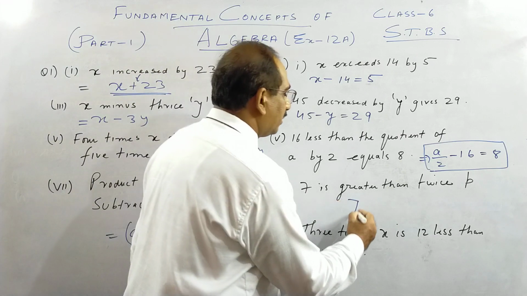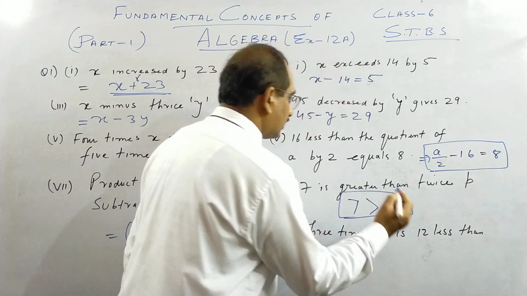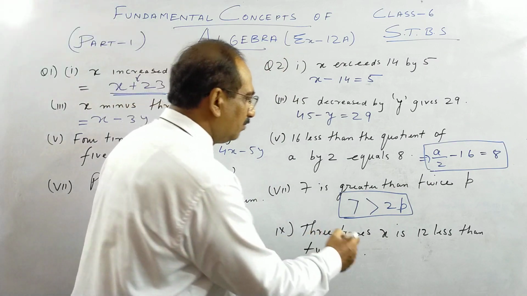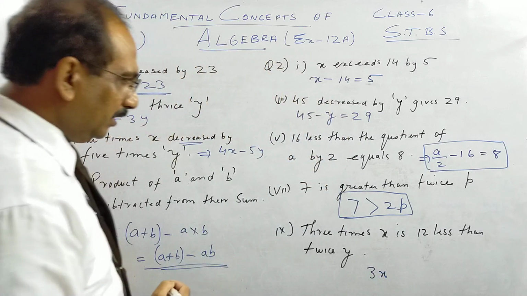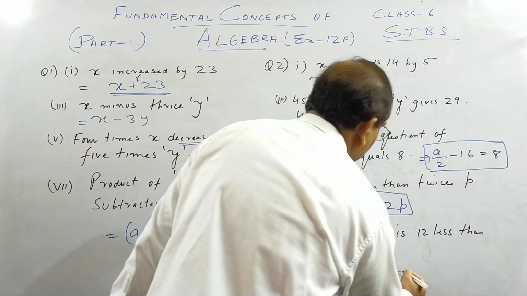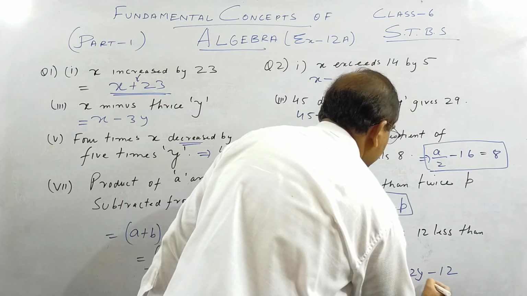7 is greater than twice p. Now 3 times x is 12 less than twice y.